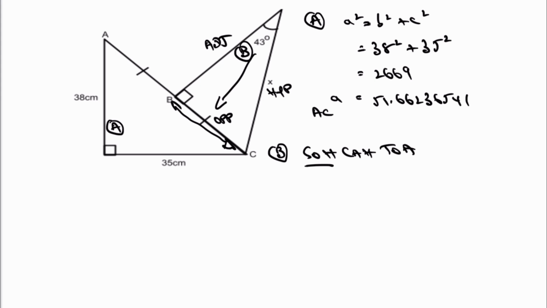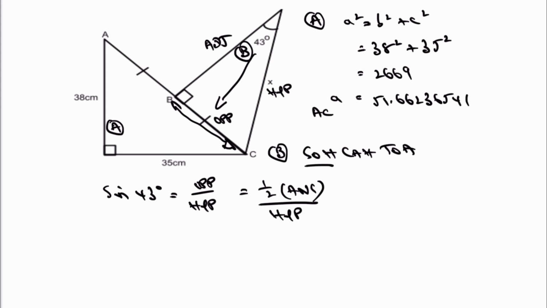So therefore I can say that the sine of 43 degrees equals the opposite over the hypotenuse. Okay, well that means then I can write that as saying actually the opposite is half my previous answer, because it's halfway along, divided by the hypotenuse, which is what we're trying to work out.